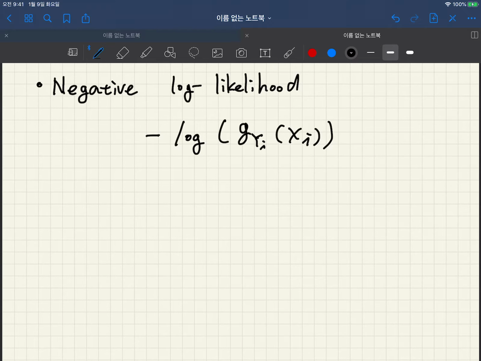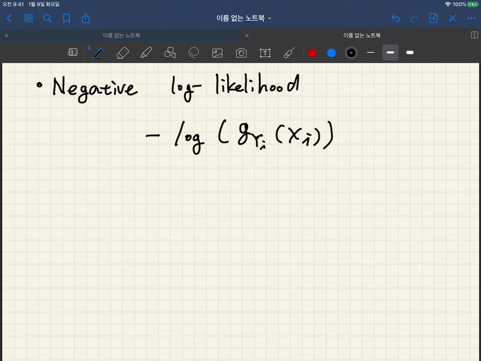This is the log likelihood value. And if we correctly classify the input, then our softmax value g_yi should be close to 1.